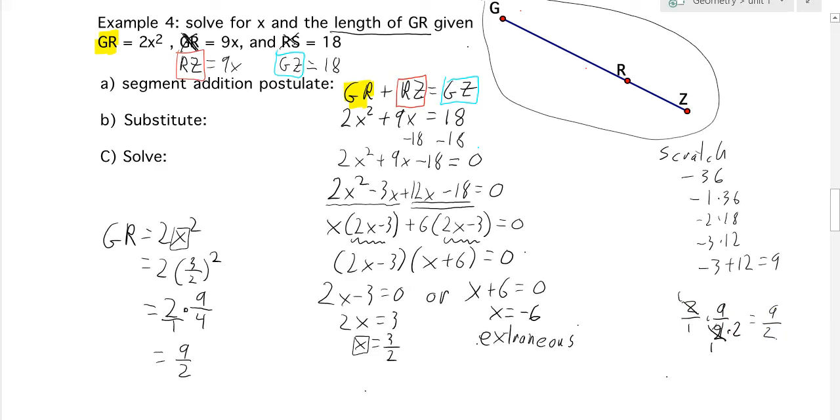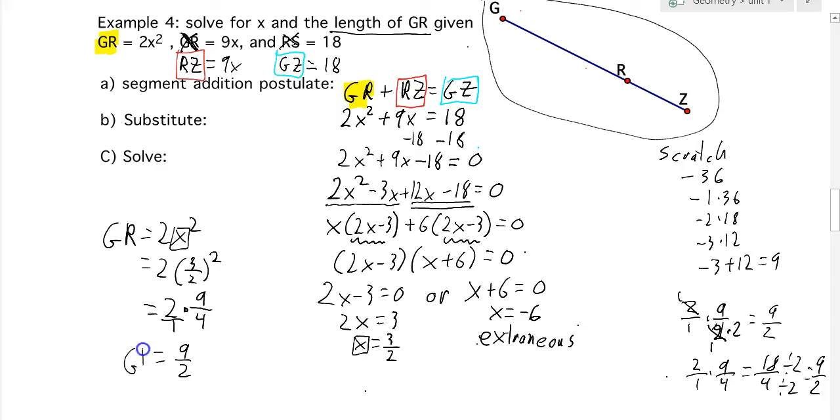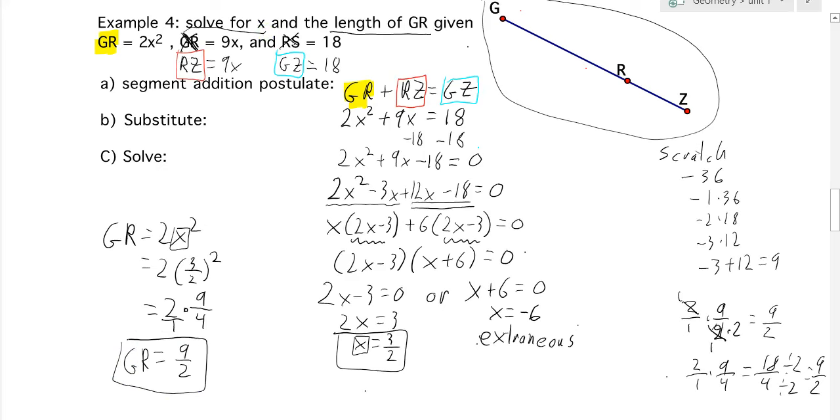Or you could actually do the multiplication. 2 over 1 times 9 over 4 is 18 over 4, and then divide both top and bottom by 2 to get the 9/2. So any way we go, we get GR is 9/2. There's our answer to solve for x, and here's our answer for the length of GR.